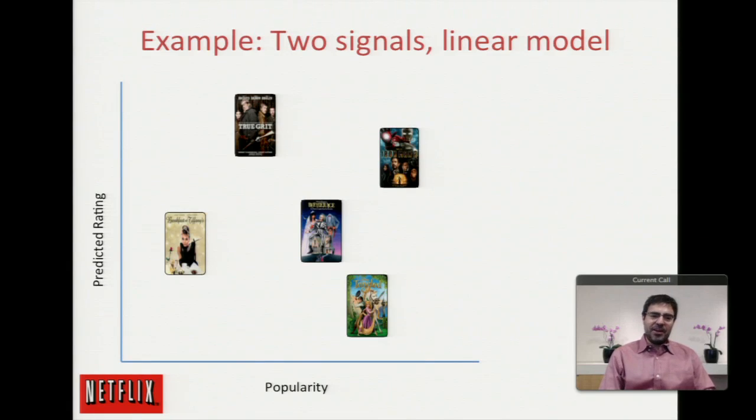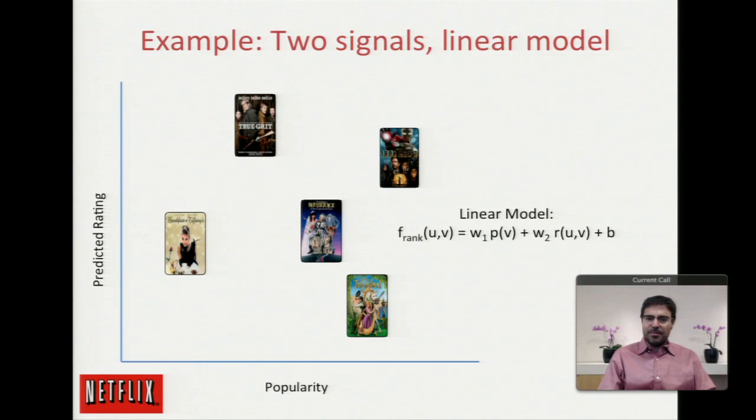A good way to think about it is, think about this as a two-dimensional space, right? Where we have popularity of a movie in one of the axes and the predicted rating for a given user, of course, because that's personalized, on the other axis, right? And we need to build a model that actually combines those two things. So the simplest thing we can do is think of a linear model.